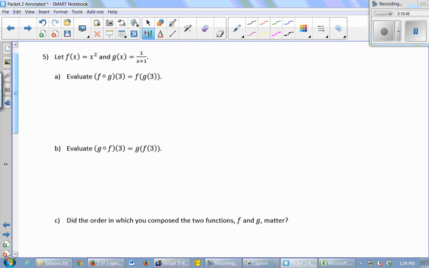All right, so here are my two functions again, x squared and 1 over x plus 1. If I want to find f composed with g of 3, that means evaluate f of g of 3. You always work your way from the inside out, because you want to do what's most in parentheses first. So what is g of 3?